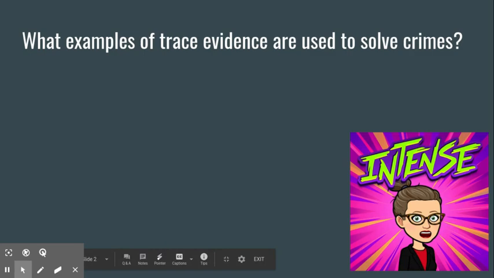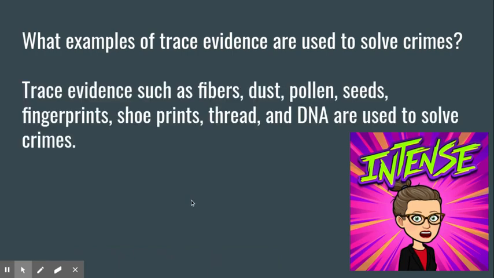So here's our question. What examples of trace evidence are used to solve crimes? And here's the answer. Remember, it starts out trace evidence such as. So trace evidence such as fibers, dust, pollen, seeds, fingerprints, shoe prints, thread, and DNA are used to solve crimes.